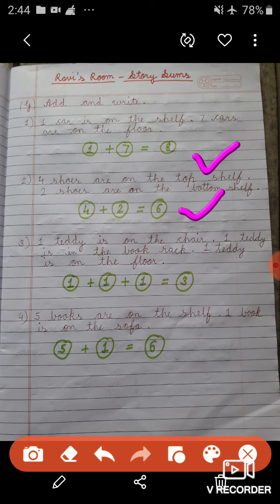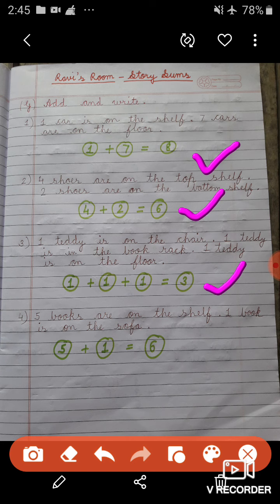Now here you have to tell the total number of teddies that Ravi has. So here we have to add 1 three times. When we add 1 plus 1 plus 1, we get the number 3. So Ravi has 3 teddies.